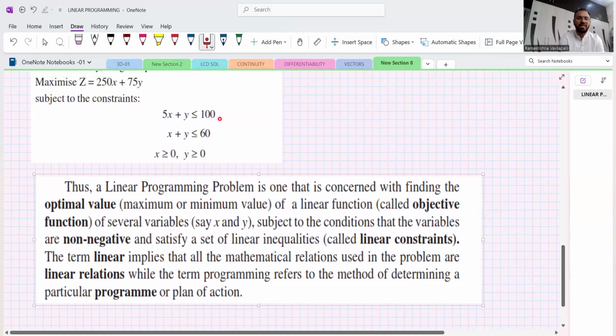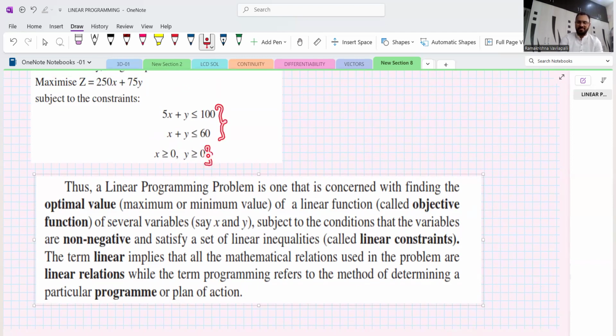So these are the linear constraints, and this is the non-negativity constraint.